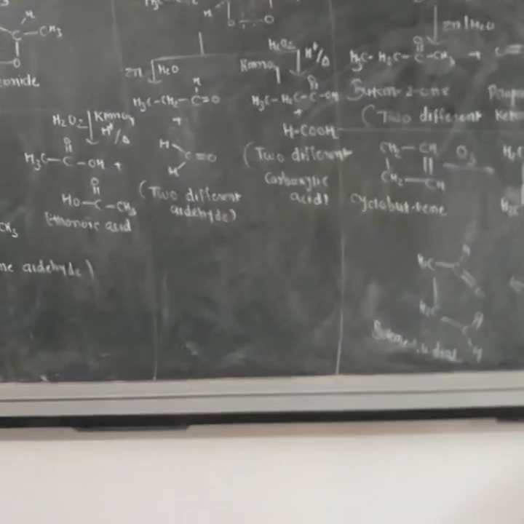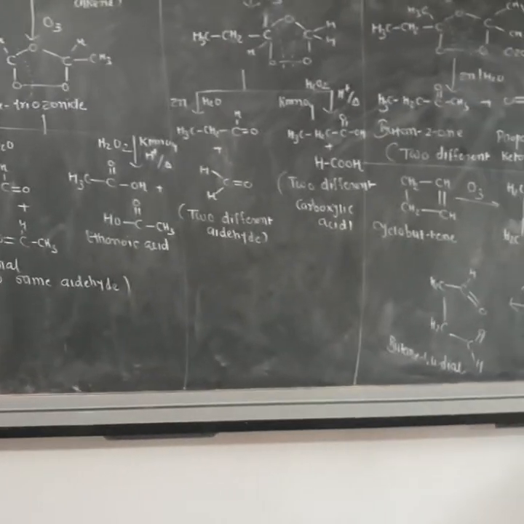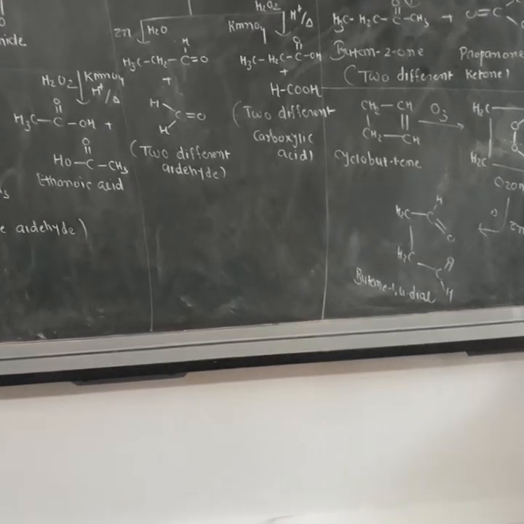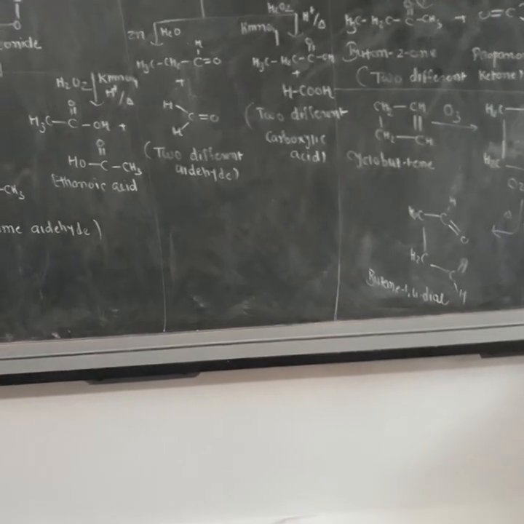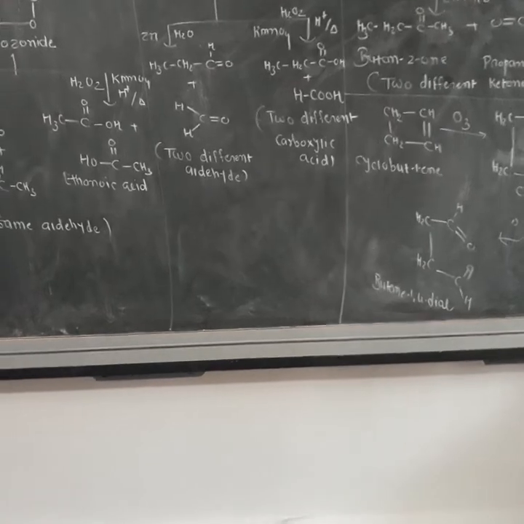So the number of products indicates the type of alkene present in the compound. Suppose you get only one product, then it is a clear-cut indication of which kind of alkene? Yes, cyclic alkene. Two similar or two same products, then symmetrical alkene. Two different products, then asymmetrical alkene.